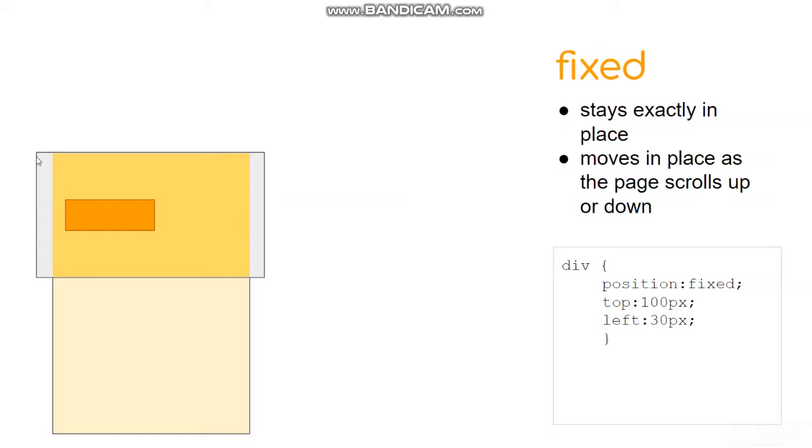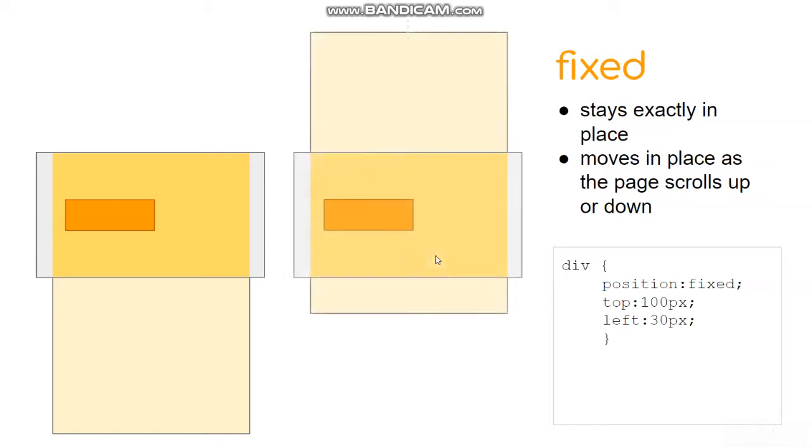So top 100 from here, and 30 from the left. And that's the fixed. So when we move up, even if the page moves up, this div stays in place, and it's always going to be 30 from the side.